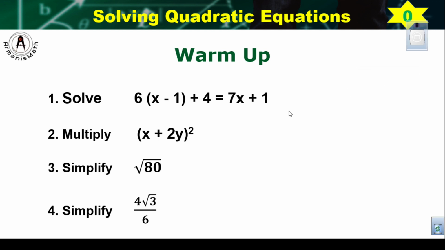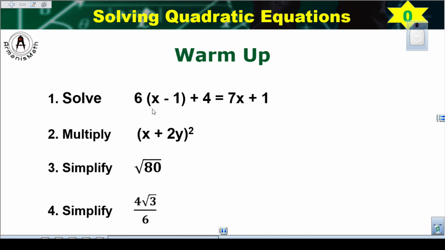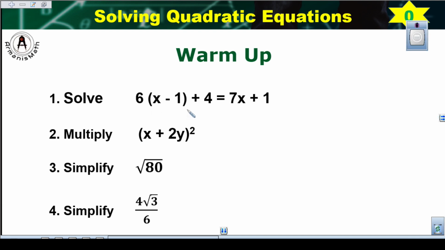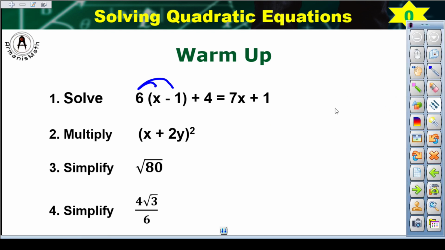All right. Let's get started. If I'm asked to solve this equation here, I'm going to distribute the 6, and then I'm going to give myself room here for me to do the problem.